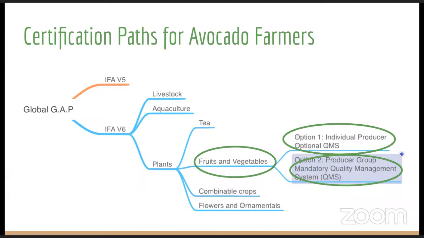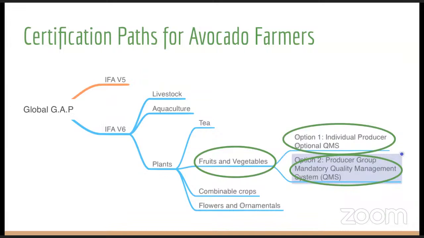And if you go with that option, the idea of a quality management system is optional. I'll talk a little bit about what I mean by that. The second option is for the producer groups. So this would be similar to a cooperative like our cooperative, the Lusaka Avocado Cooperative. So the cooperative would be the producer group, and it would get the Global Gap certification as a producer group.